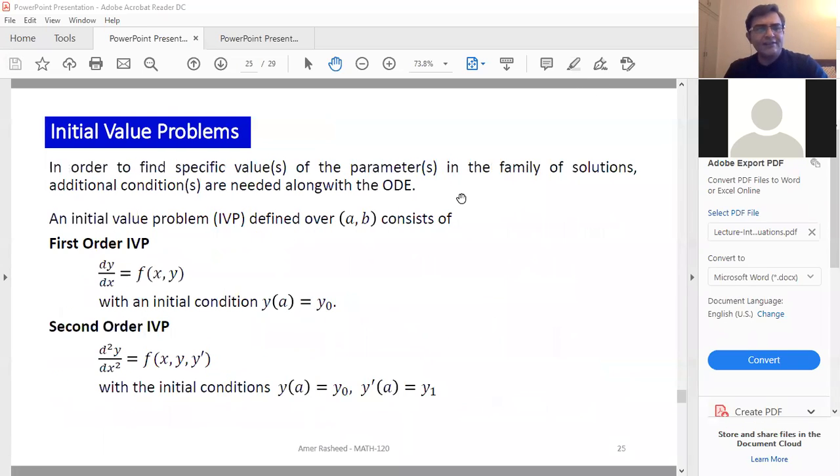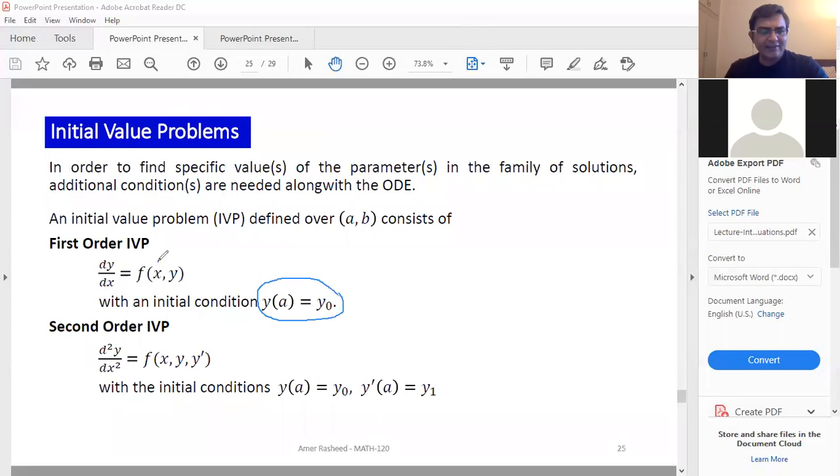So next is the initial value problem. Initial value problems are basically problems in which we are given differential equations along with some condition. This condition can be on the initial value of the differential equation.